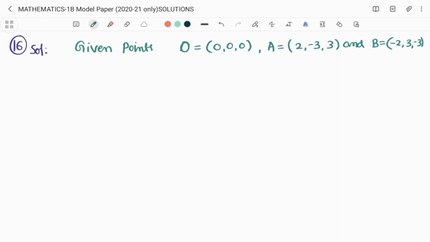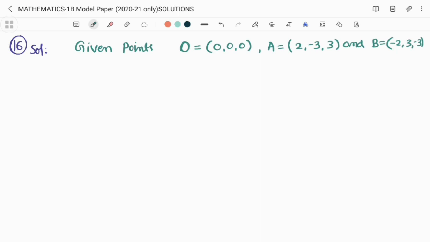For example, in this question, OA plus AB is equal to OB, or OA plus OB is equal to AB. If such a situation arises, then the points are collinear. What is the advantage of calculating the distances? I will explain in the coming steps.